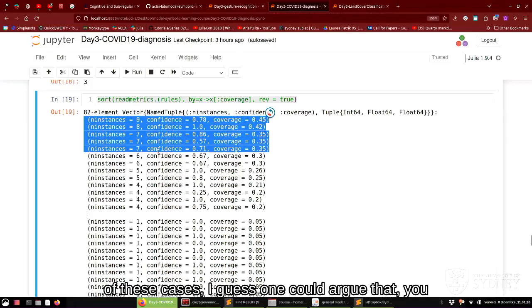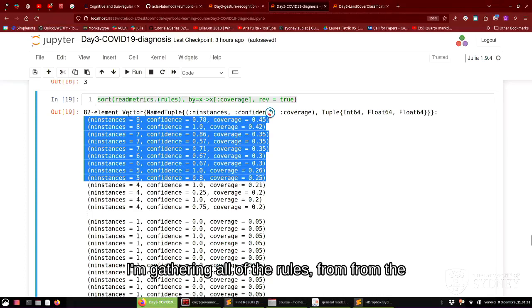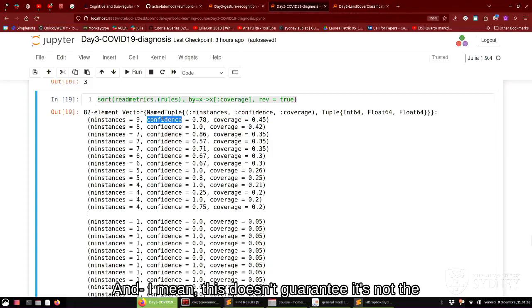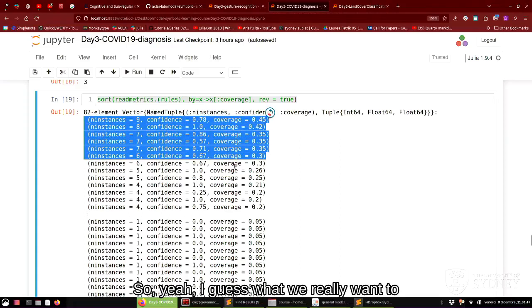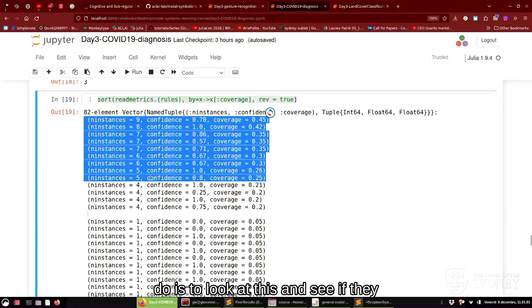I guess one could argue that I'm just brute forcing. I'm gathering all of the rules from the trees, and this isn't the correct statistical way of evaluating that, right? And that may be right. So I guess what we really want to do is to look at this and see if they capture similar patterns, okay?